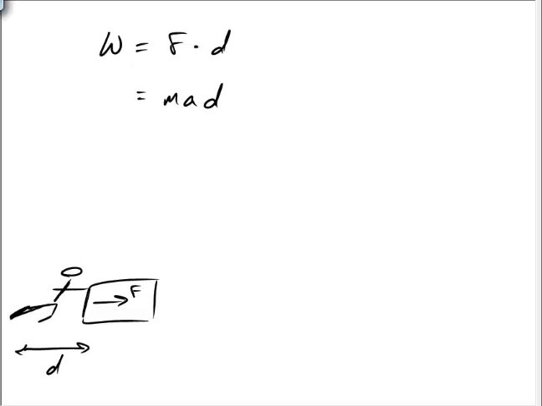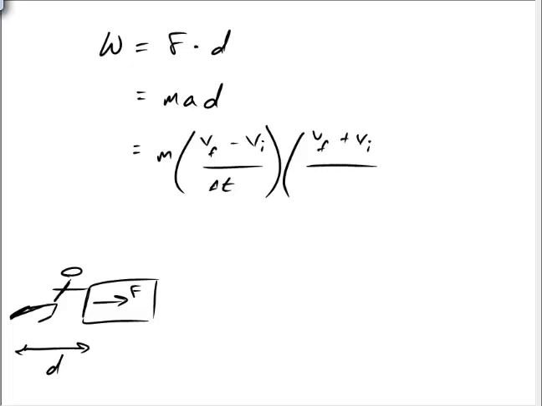And now I'm going to rely on some stuff that I've learned in the past, let's say Chapter 1, maybe Section 2 of Chapter 2, where I remember that acceleration was the final velocity minus the initial velocity divided by the time. And I remember that I had an equation where distance could be the average of the velocities, initial and final, and then I could multiply that times the time.